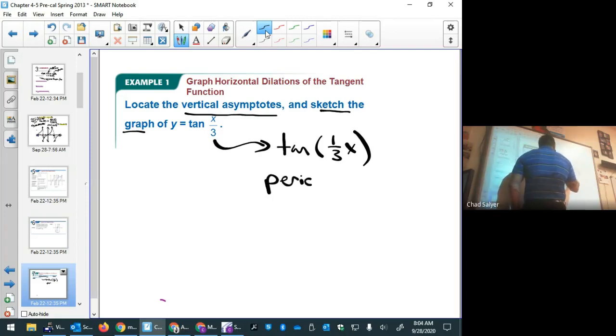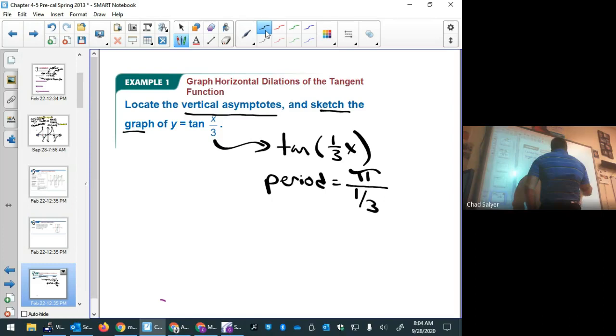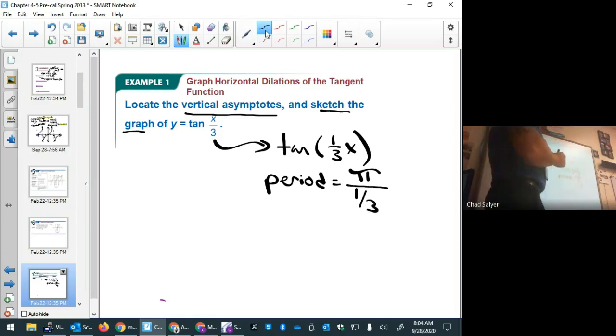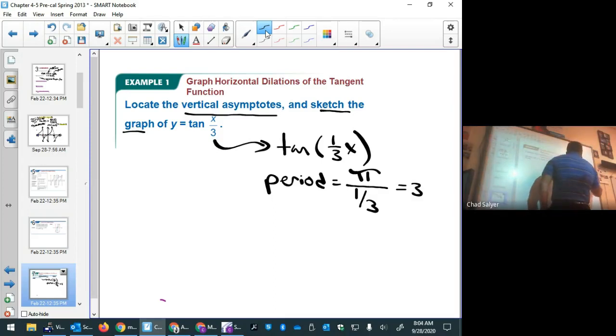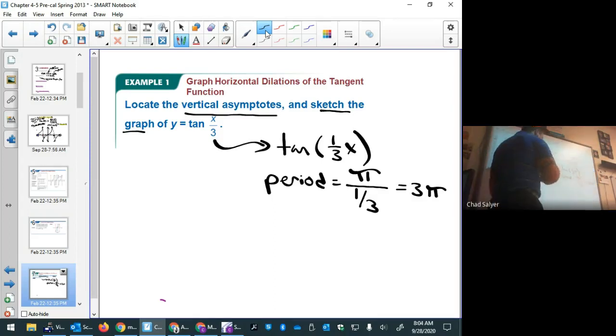So the period of this modified tangent function is going to be the original period divided by the absolute value of that b parameter, which in this case is going to be 3 pi.